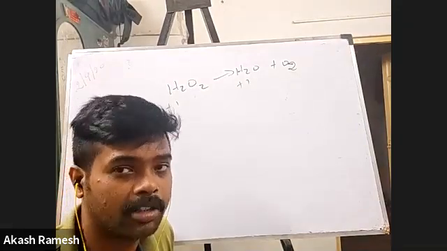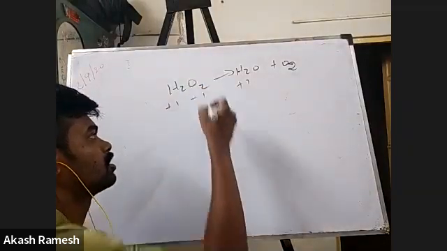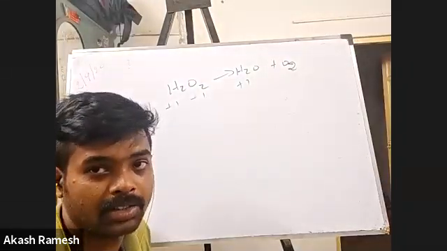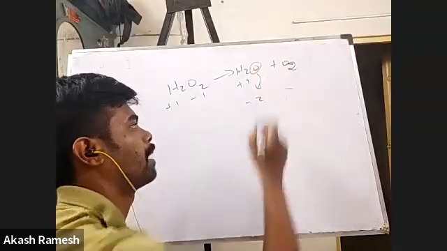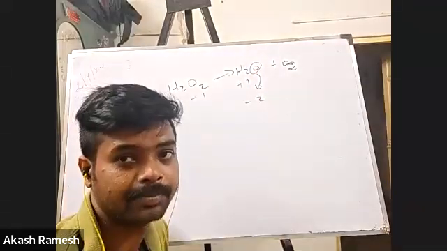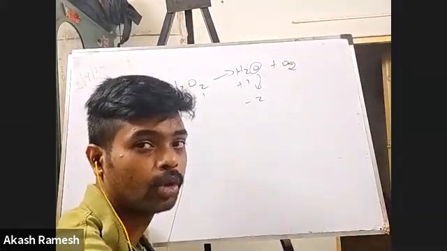But if I look at oxygen, we'll see what is happening. In H2O2, the oxygen has a -1 oxidation state, and in water, this oxygen is going to have a -2 oxidation state. And what is the oxygen state in O2? 0, sir. Right, 0.